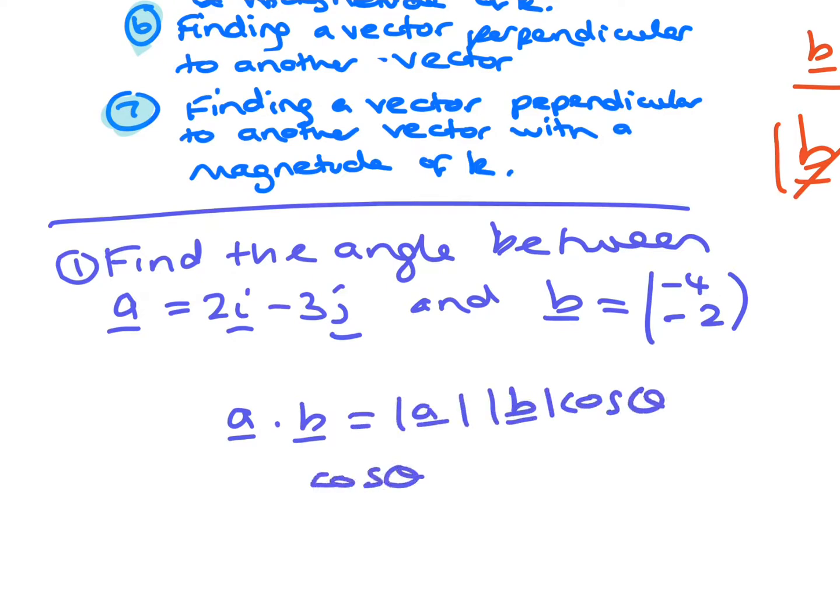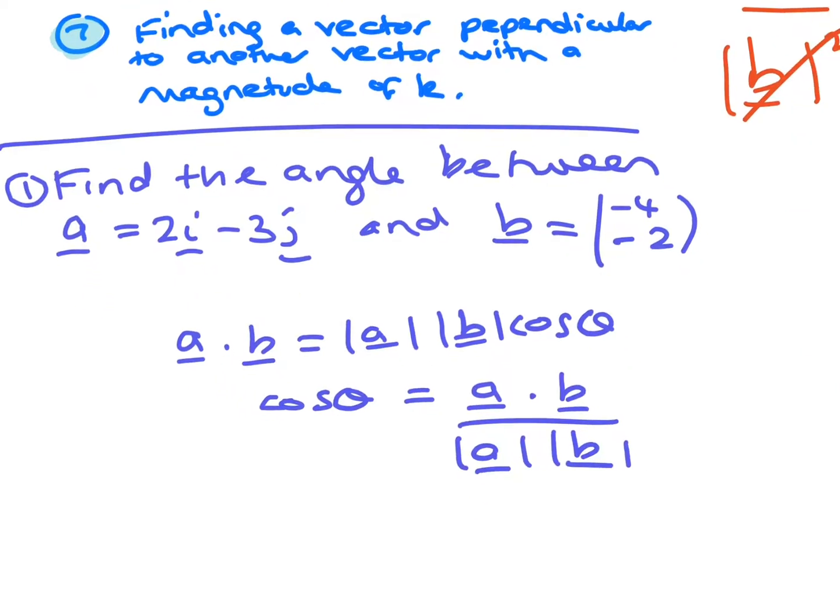You've got to solve for cos theta. So cos theta is A dot B over mod A mod B. So that means A dot B: you multiply the x's, so that's 2 times minus 4, and then you multiply the y's, so that's minus 3 and minus 2.